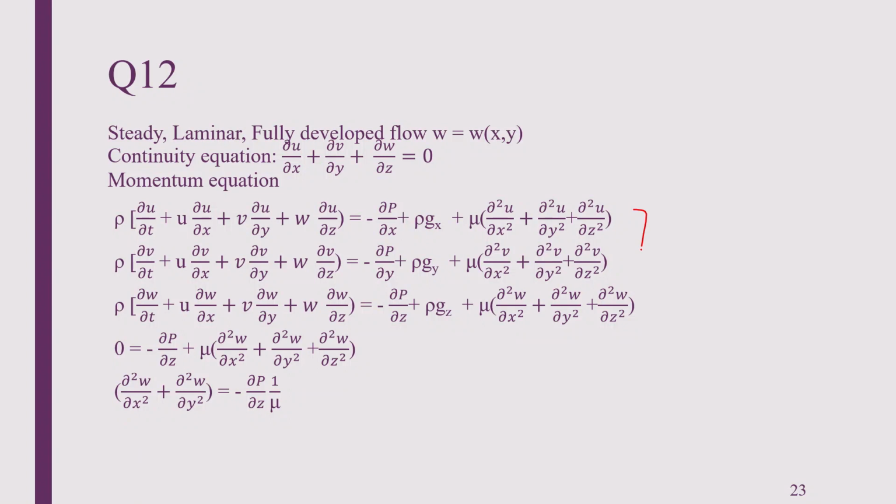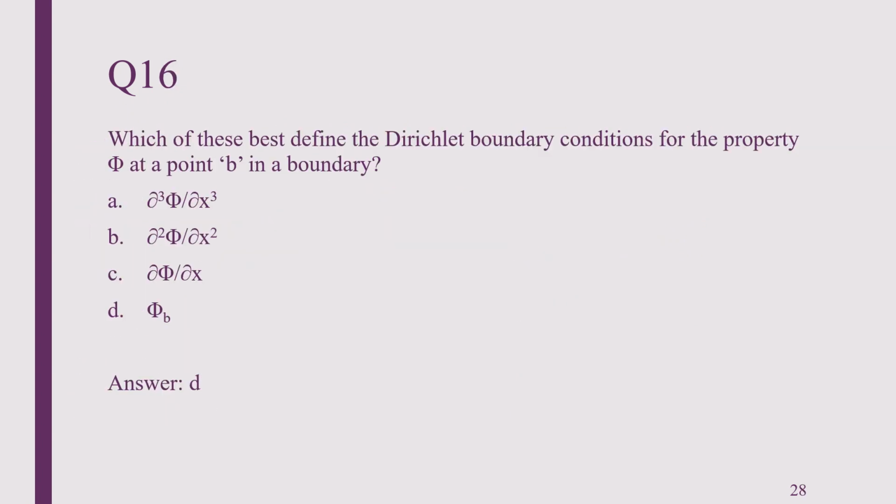Instead of the component-wise form, in the vector form what we have is minus del p plus rho g, which we have neglected, and mu del dot del u is the only term that is left. Because of steady state and the continuity equation, all these terms on the left hand side become 0. So del p and the viscous force alone remain.